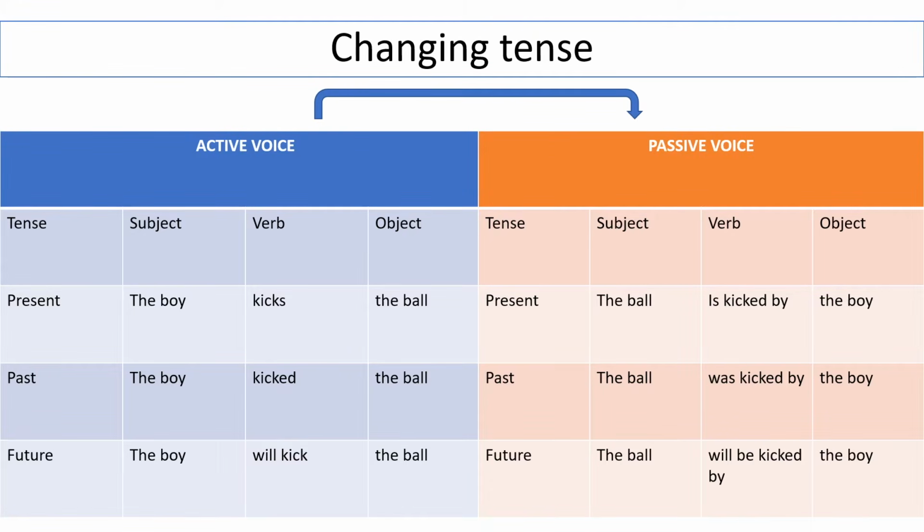As kicks is in present tense, you will see in the orange block that the present tense must change to is kicked by in order for the passive voice sentence to be grammatically correct. I advise that you study this table off by heart. It will also help you with doing any direct and reported speech questions too. Let's look at the sentence now in the passive voice. The ball is kicked by the boy.